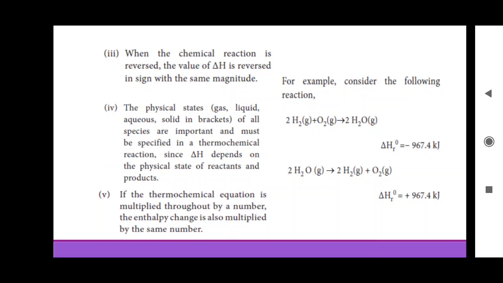For example, the first equation multiplied by 2 means 4H2, then 2O2 gives 4H2O. So reactants and products are multiplied by the same number. The delta H value, minus 967.4 kilojoule, is also multiplied by 2. It is one of the conventions in a thermochemical equation.